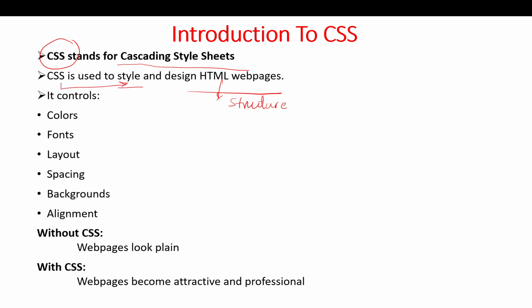So CSS is used for styling. Using CSS, we can change colors, fonts, layouts, spacing, alignment, and so on. Without CSS, web pages look plain, and with CSS, web pages become attractive and professional.